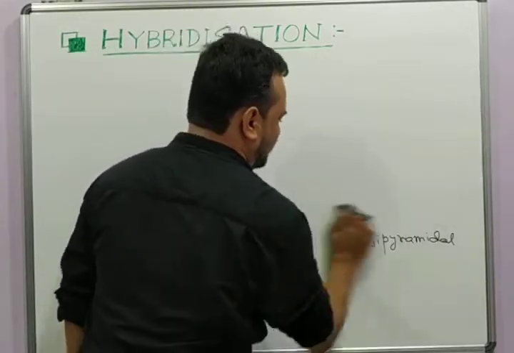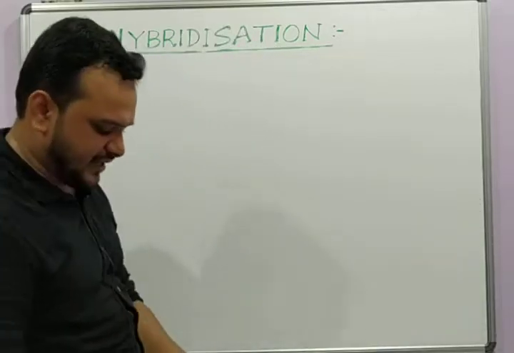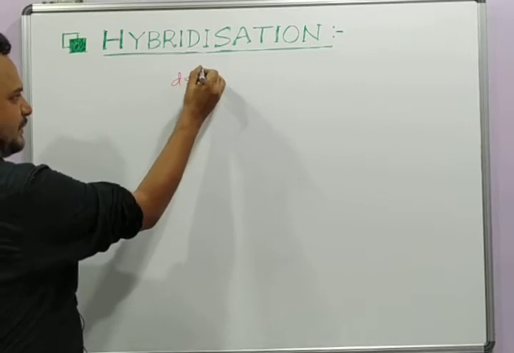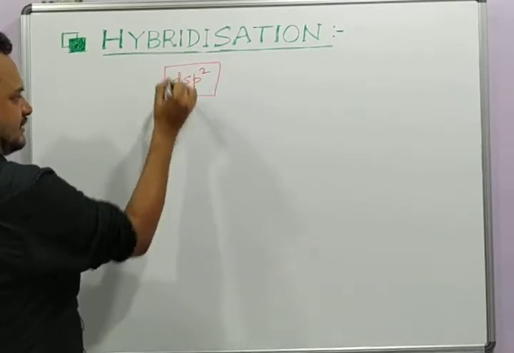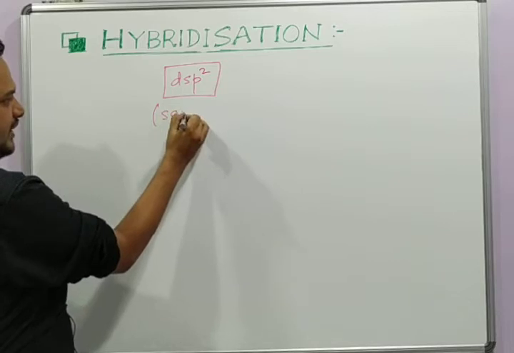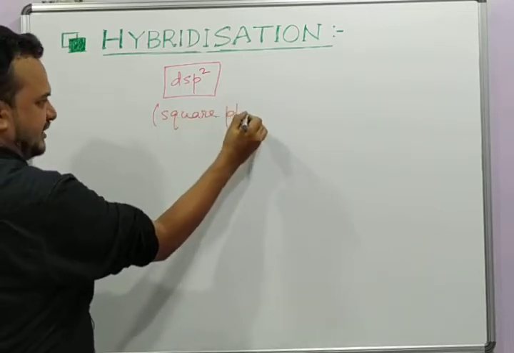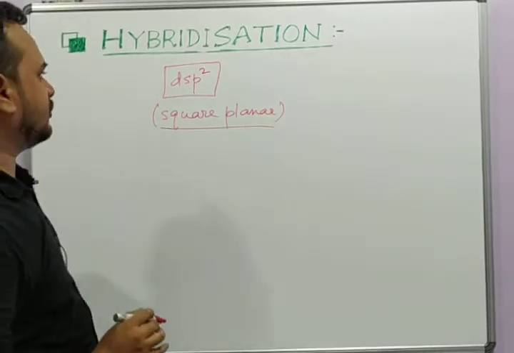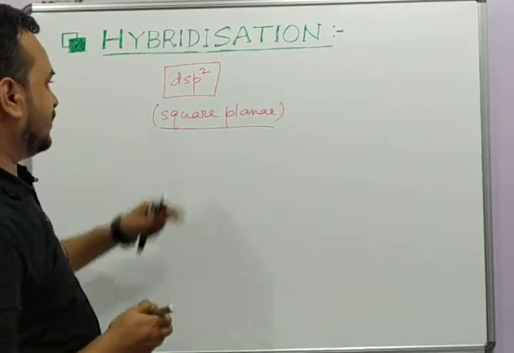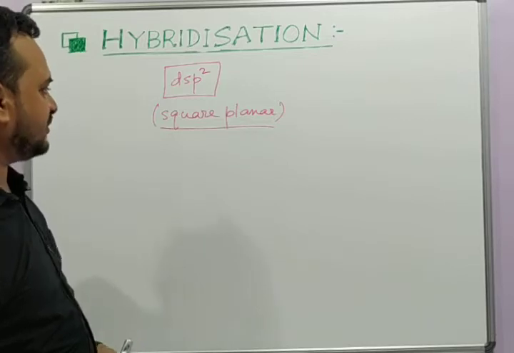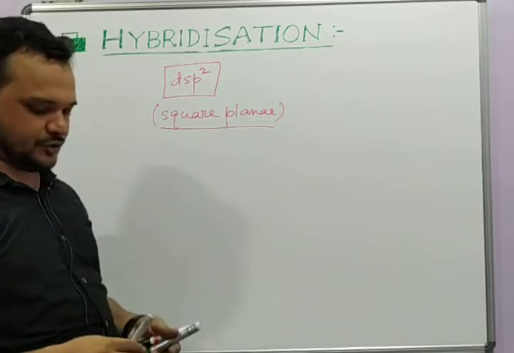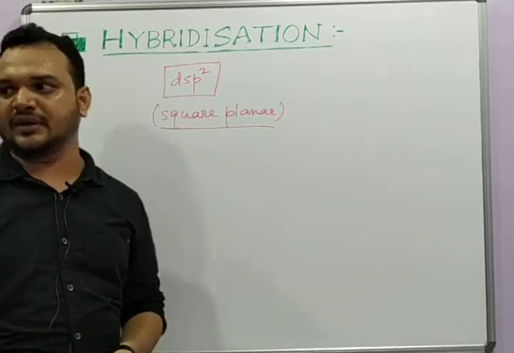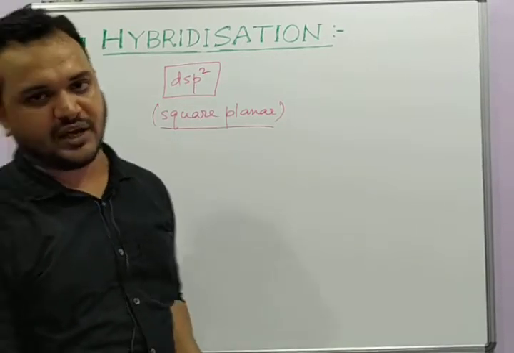Here I am just mentioning that this hybridization is very interesting, that is dsp2 hybridization, and the corresponding geometry is square planar. Generally this hybridization is shown by coordination complexes but not compounds generally. So this dsp2 hybridization gives you square planar geometry, and here again this d orbital cannot be any of the 5 d orbitals.